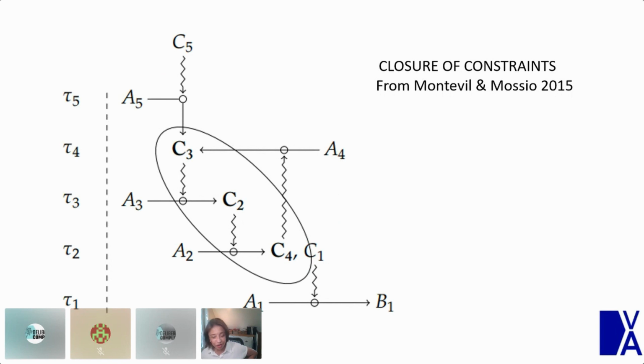This is one of my favorite images, and it's from Moreno and Mossio from 2015, in their book Biological Autonomy, also illustrated. Imagine that this is time 1, time 2, time 3, time 4, time 5. Imagine that you start out with A and B producing a catalyst.